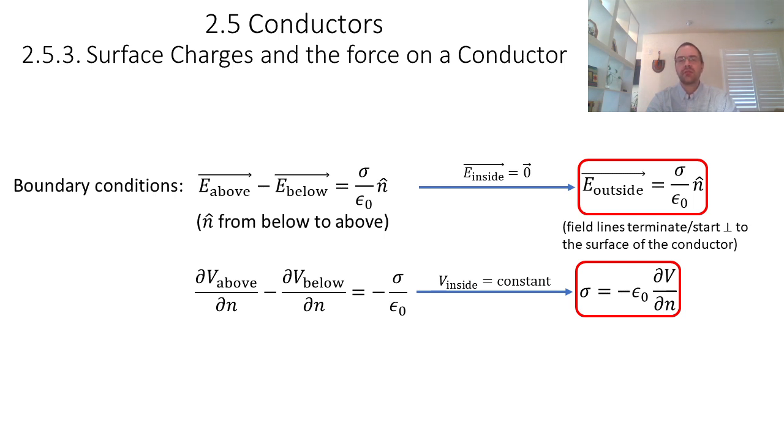So we obtain another relation for sigma: sigma equals minus epsilon naught dV dn. So if you know the electric potential on the surface, or simply its variation outside in the direction perpendicular to the surface, the dV dn, then you know sigma. And with these two relations, you can determine the surface charge either from the E field or from the electric potential.